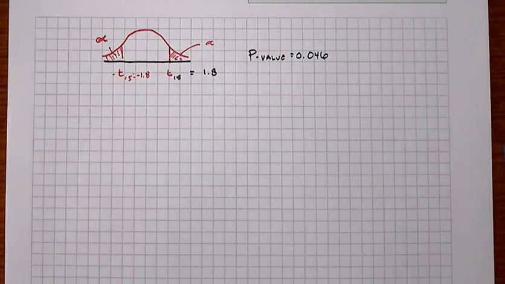Now that p-value of 0.046 can be compared to our alpha value, which we haven't stated, for really two different reasons.